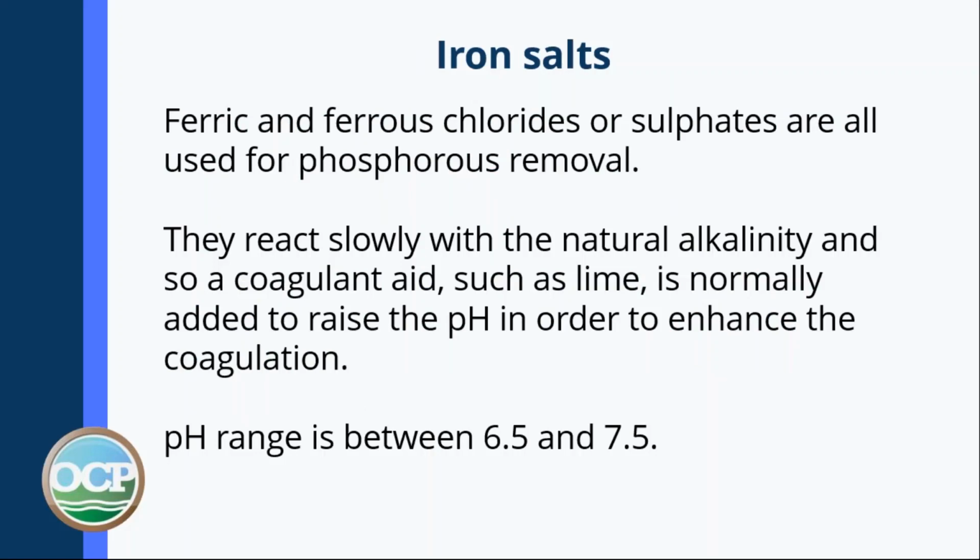Iron salts, ferric and ferrous chlorides and sulfates, are all used for phosphorus removal. They react slowly with natural alkalinity, and so a coagulant aid such as lime is normally added to raise the pH in order to enhance the coagulation. For iron salts, the pH range needs to be between 6.5 and 7.5.